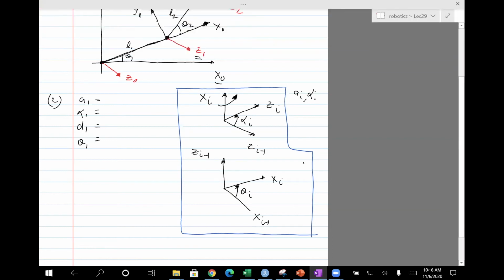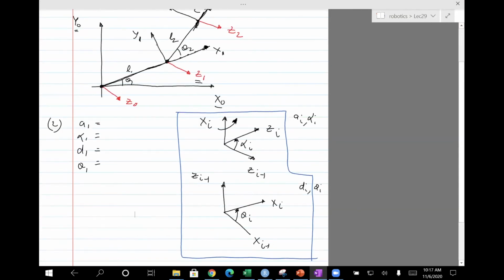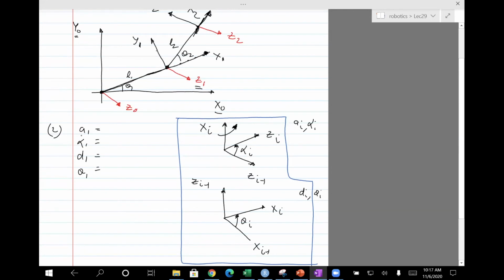So what these figures are doing is putting the information on that previous page I showed you into two simple figures. How do we interpret this? a_i is going to be the distance from z_i minus 1 to z_i along x_i, and alpha_i is going to be the angle between z_i minus 1 and z_i along axis x_i.